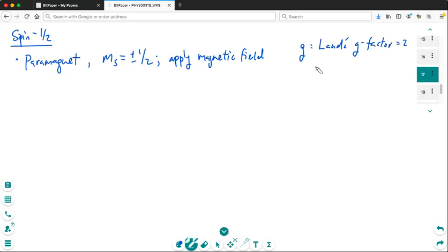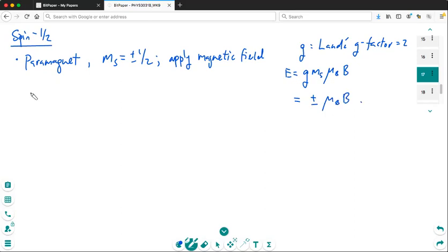Then for spin 1/2, your energy spectrum will be g times ms times mu_B B when you apply a magnetic field B. Okay, so this will give you plus or minus mu_B B.